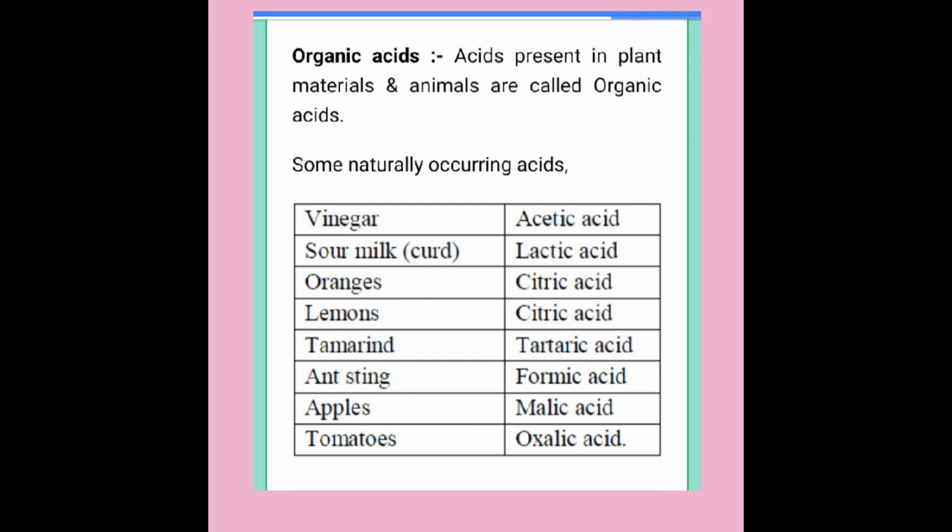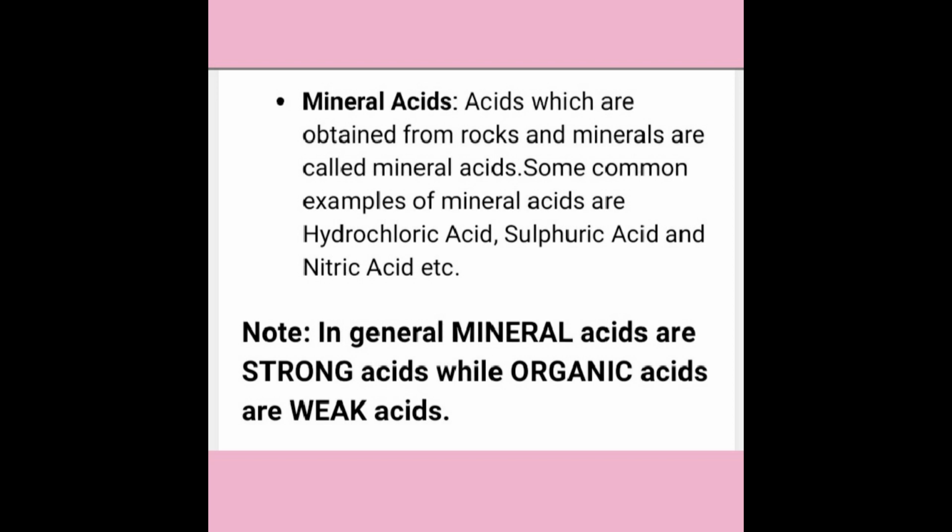Tamarind, tartaric acid. Ant sting, that is when a red ant bites or stings us, formic acid. Apples, malic acid. Tomatoes, oxalic acid. Organic acids are also considered as those which contain COOH as their functional group, whereas there are a few acids which are not organic acids, called mineral acids.